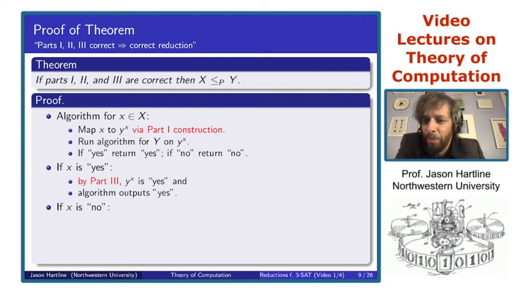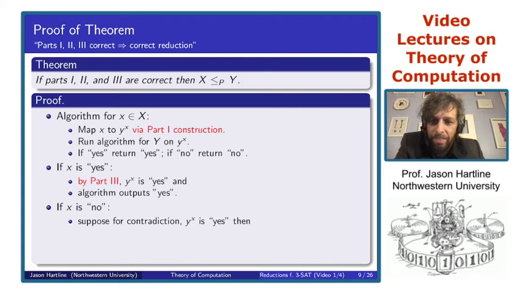Cool. Let's suppose X is a no instance. Well, let's suppose now for contradiction that Y super X is a yes instance. If Y super X is a yes instance, then by part 2, X must be a yes instance. But that's a contradiction because we assumed X was a no instance.